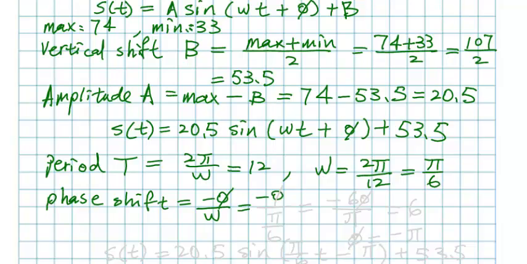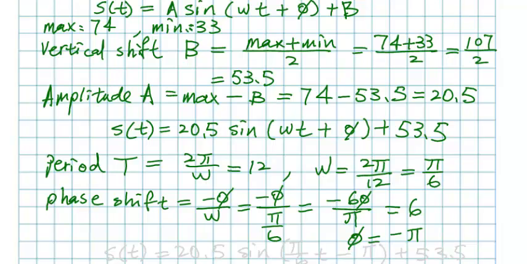So it equals negative phi over pi over 6, which equals negative 6 phi over pi, which is the same as 6. The reason is that the temperature in the 6th month is 57, and it is the closest to the vertical shift B in the data. We use cross multiplication and find phi equals negative pi.